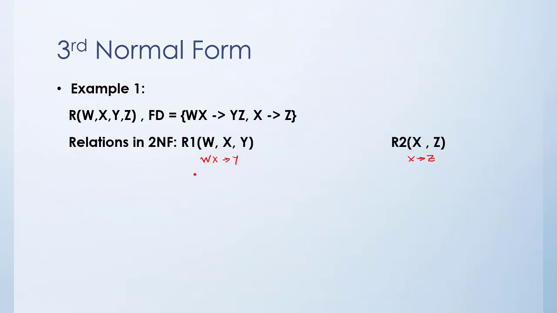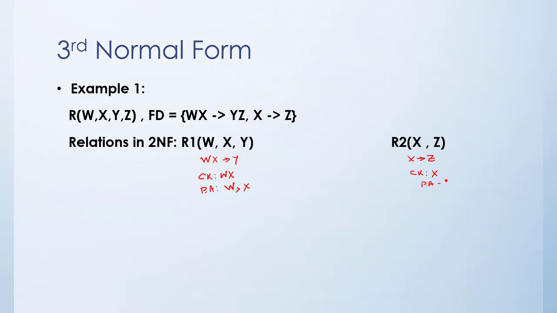Here you can see that the candidate key is wx, so the prime attributes will be w and x. Similarly, in R2 the candidate key is x, so the prime attribute is x.